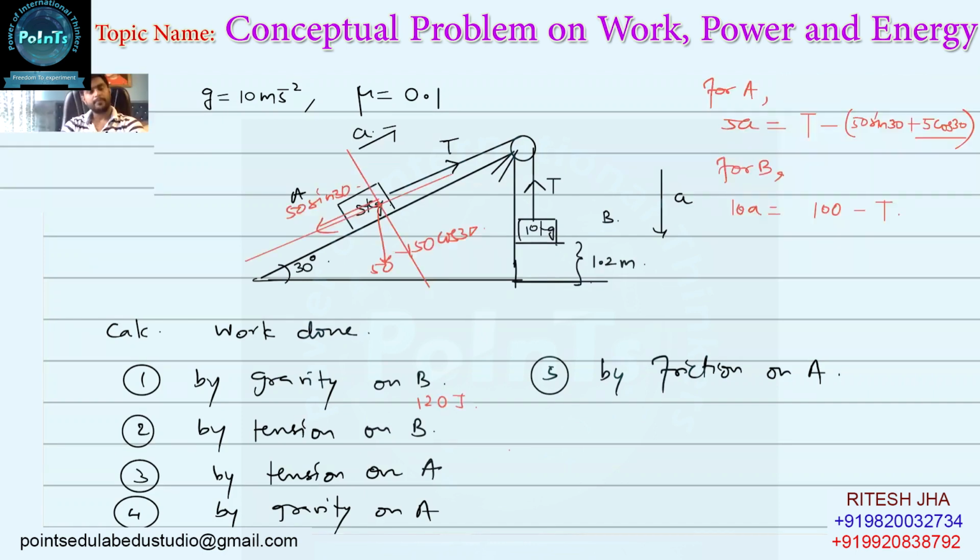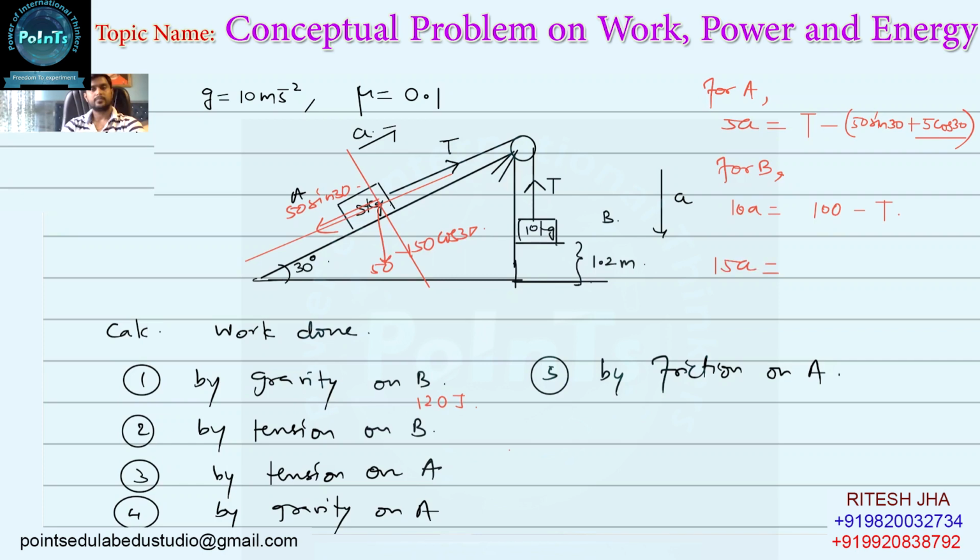I guess 50 sine 30 plus 0.1 times 50 cos 30 minus F_T is equal to 5 times a.